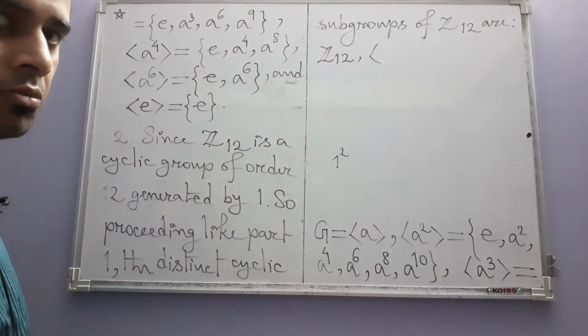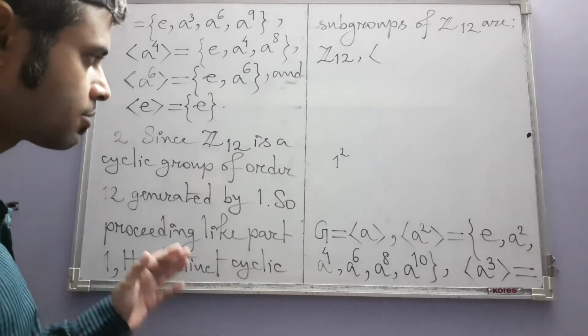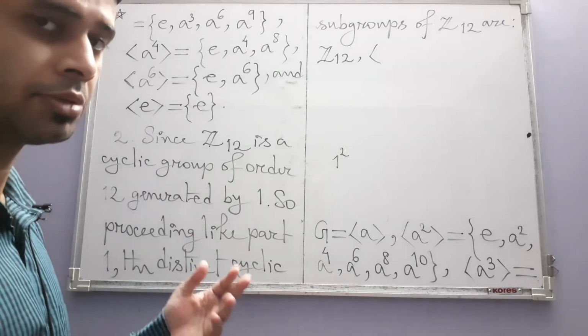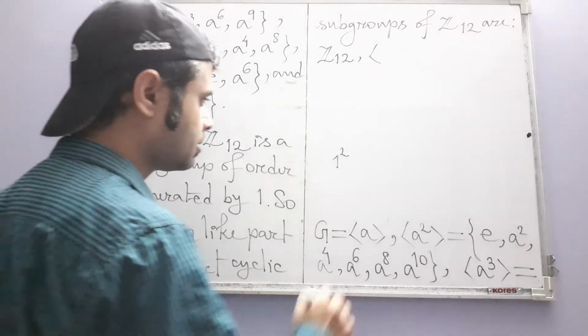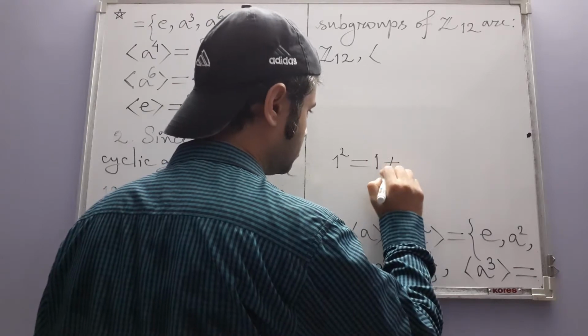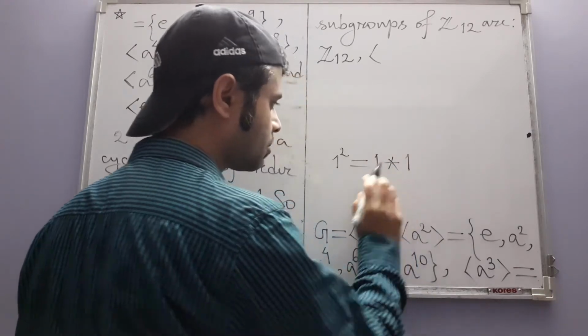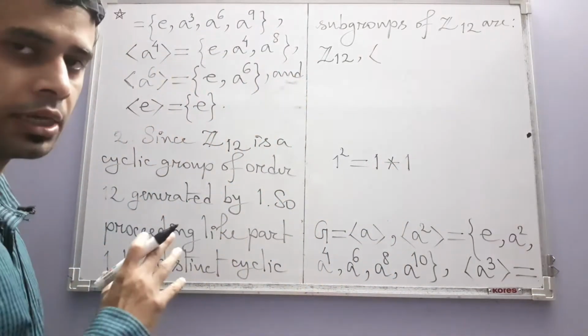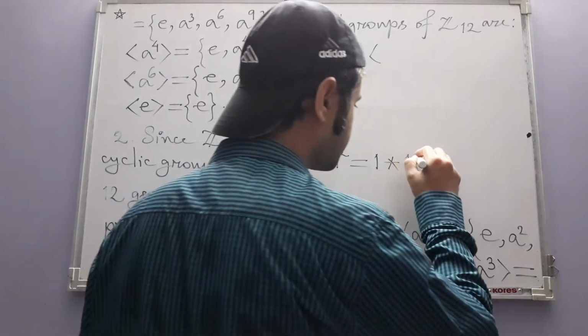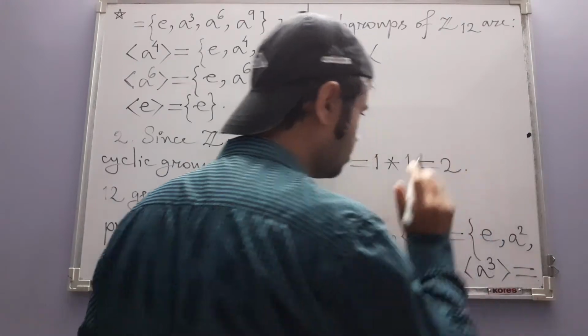Keep in mind that 1 squared in this context is not the product of real numbers, two copies of 1, but rather it is 1 operation 1, where this operation is the binary operation we have in this group, which is addition modulo 12. So that's why this is equal to 2.